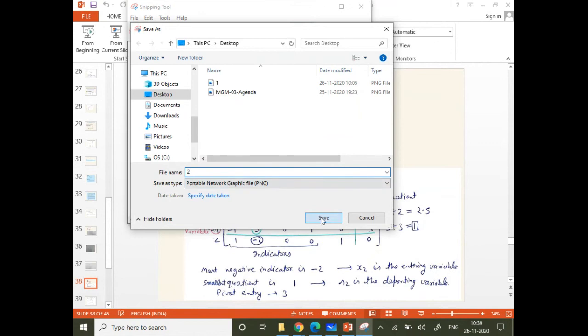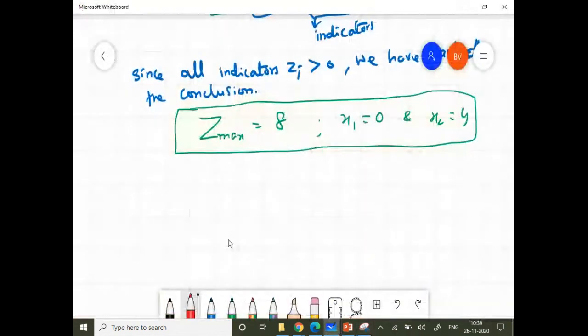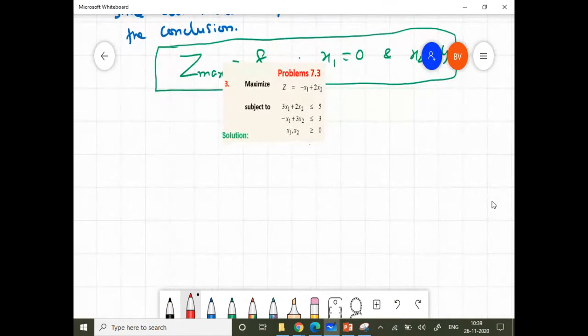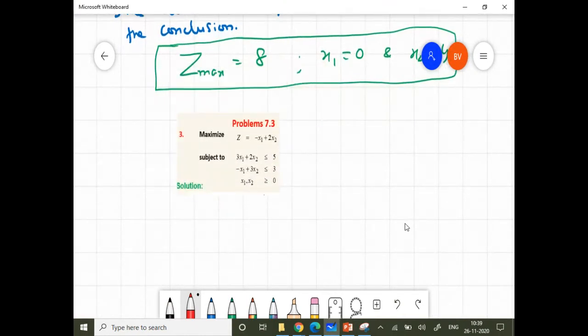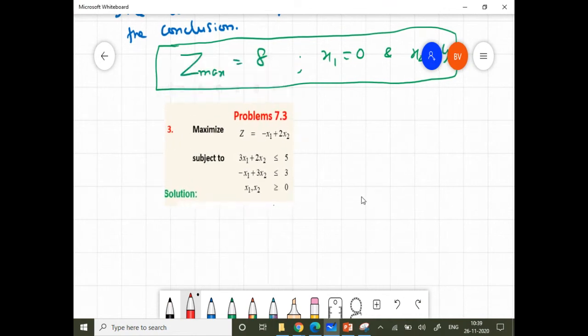But in our calculation, this is the second problem. From the textbook, it may be the third problem. Check it out. Maximise. We are dealing with only maximization problems in our syllabus. No minimization for this simplex method. Minimization may be there in the graphical method.